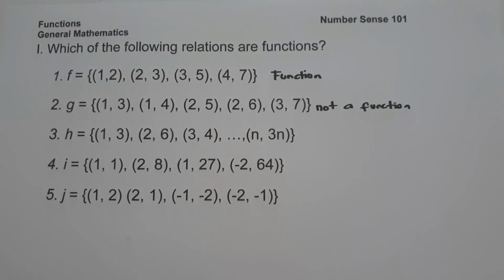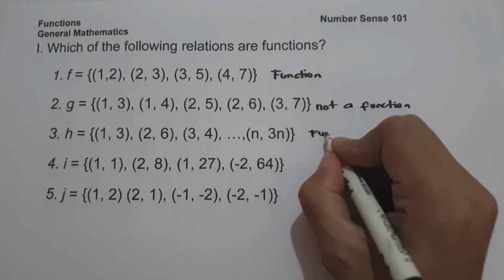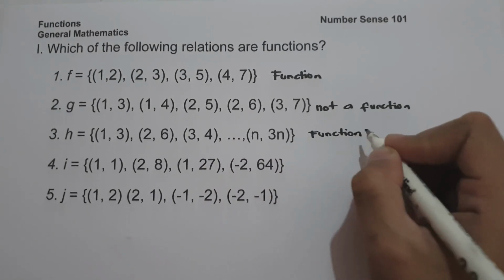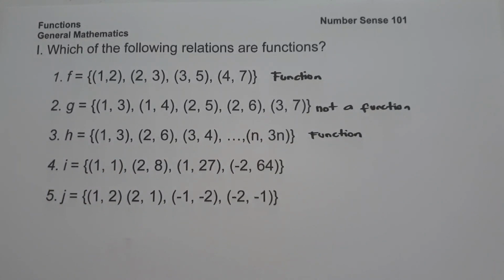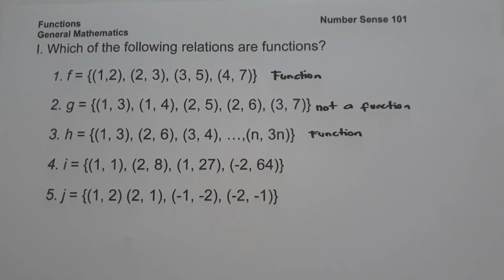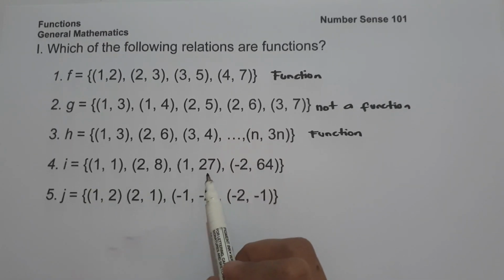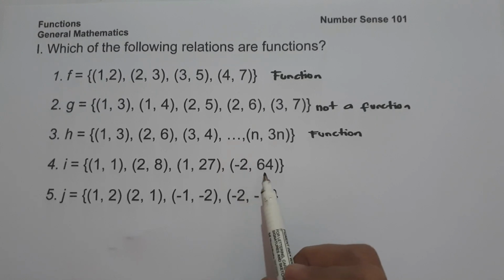On number 3, we have relation H consisting of (1, 3), (2, 6), (3, 9), up to (n, 3n). So this one is an example of a function because each element of the domain corresponds to exactly one element of the range. On number 4, we have relation I consisting of (1, 1), (2, 8), (1, 27), and (-2, 64).